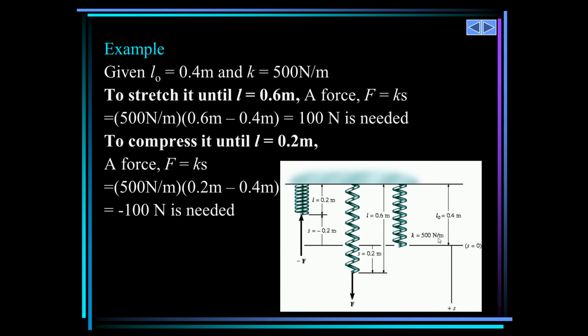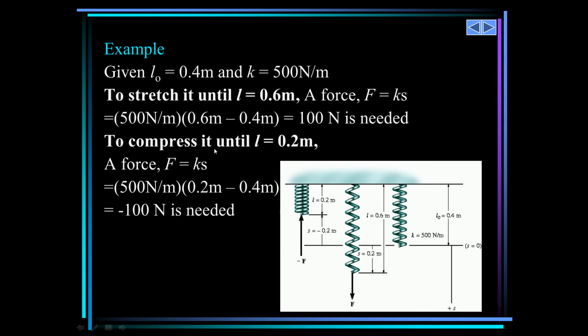We have a very simple example here, where L0 equals 0.4 meter and the stiffness constant k equals 500 Newton per meter. To stretch it until L equals 0.6 meter, the force F equals ks equals 500 Newton per meter times 0.6 minus 0.4, so 100 Newton is needed.